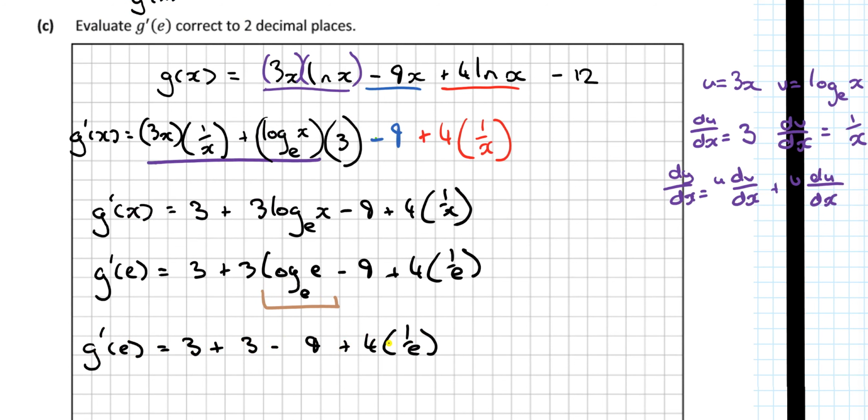Use the calculator: 3 plus 3 minus 9 plus 4 multiplied by 1 over e. Enter. g dash of e is equal to minus 1.53 to 2 decimal places.